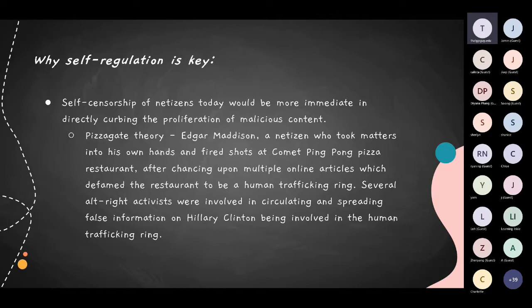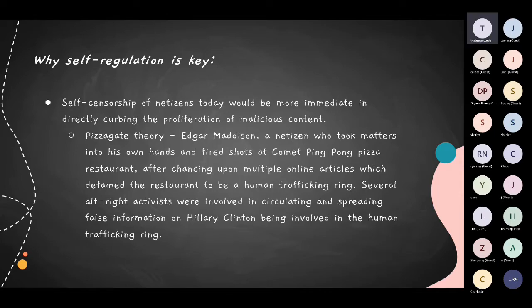And obviously this is fake news because during that time it was the 2016 presidential election period, so there were many such fake articles being circulated online, trying to make the election process hard. And basically the fake news were put up by the far righters, and they were defaming Hillary Clinton and saying that she is involved in this human trafficking ring.